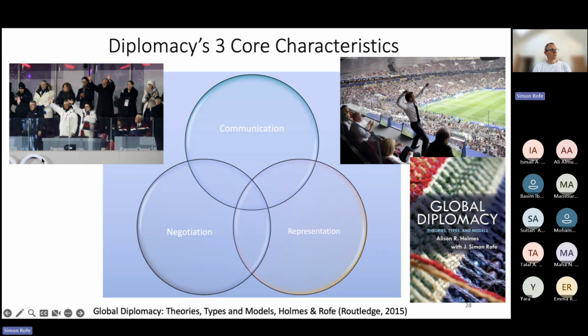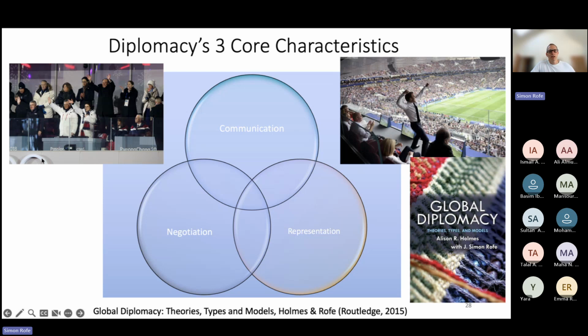And his diplomacy, his Olympic diplomacy, brought together representatives of South Korea and North Korea, 2 countries that are still technically at war with each other. They are contesting that space very much.